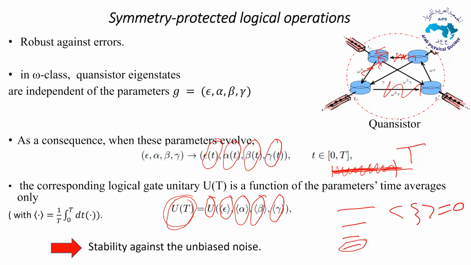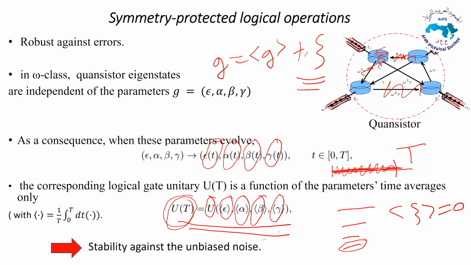So if the fluctuation around the value is 0, you have a value G, but you have the average value in general plus a fluctuating part. If this fluctuating part averages to 0, we call this unbiased noise, and the system is stable against it.